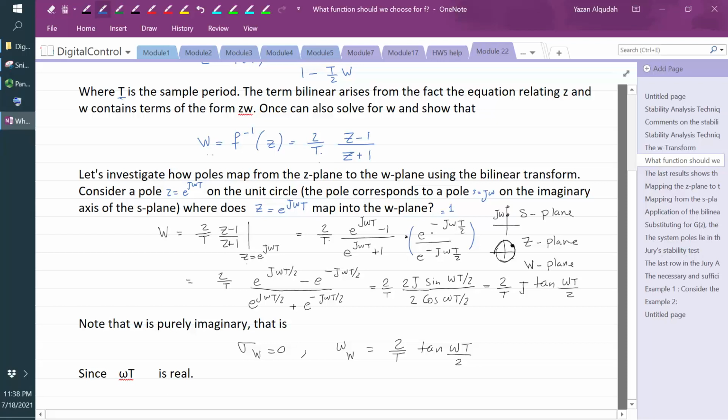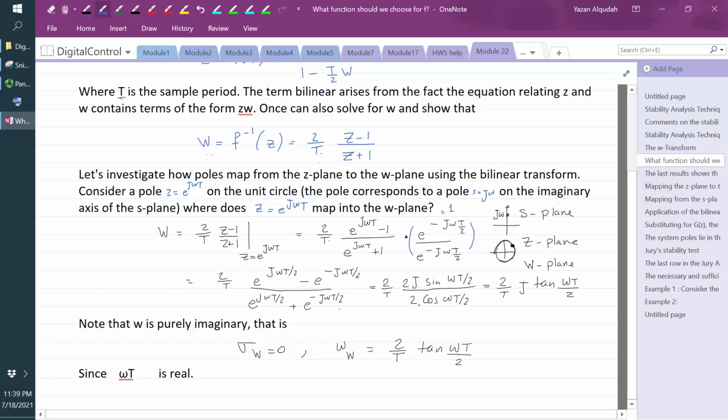So if I multiply the numerator, I'm going to get e to j omega t over 2 minus e to negative j omega t over 2. And the denominator, I'm going to get e to j omega t over 2 plus e to negative j omega t over 2. What is this equal to? The numerator is going to equal 2 multiplied by j multiplied by sine omega t over 2.